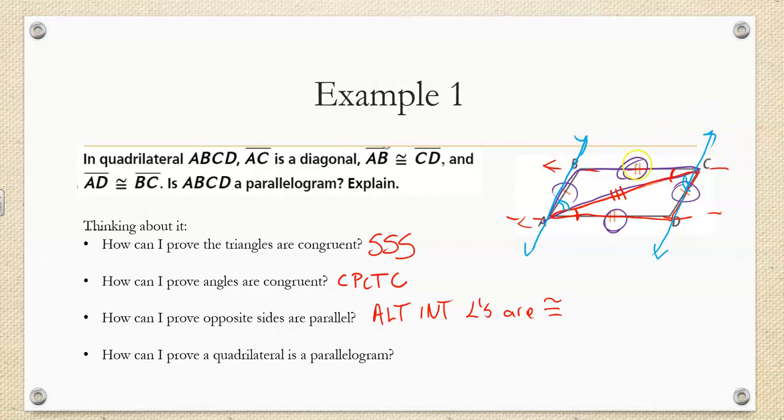So now those two sides are also parallel. And so how can I prove a quadrilateral is a parallelogram? I've proven that the opposite sides are parallel. It's kind of a rough proof, because I didn't write out every single step, but we got the basic idea.